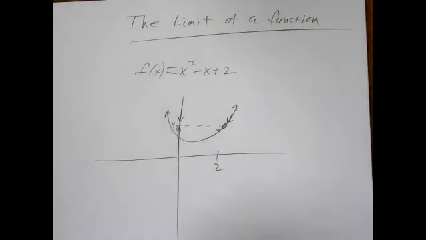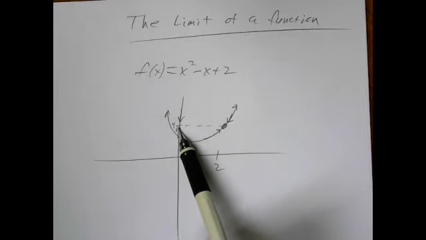And if you were to ask the question, how close to 4 does this function get? The answer would be it gets as close as you want it to get. You name any distance you want, and the function values will get that close to 4.